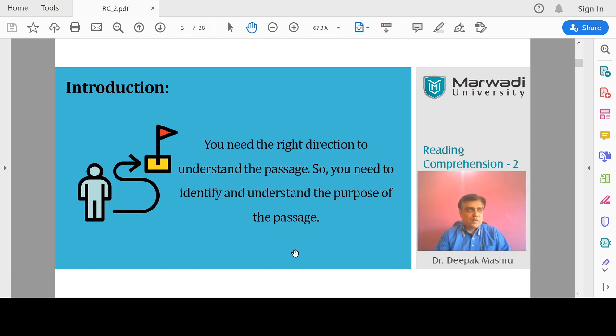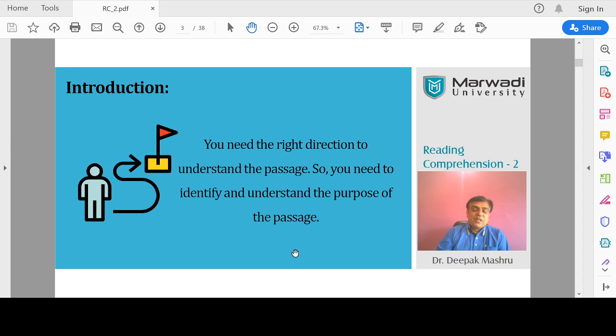In the last session, what we did was we started with the introduction to reading comprehension, right? In the introduction we talked about how you need the right direction to understand the passage, so you need to understand the purpose of the message.